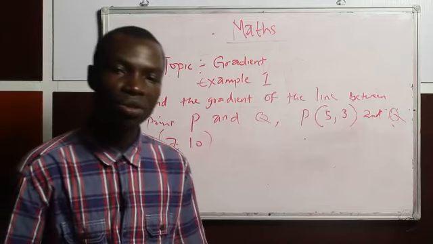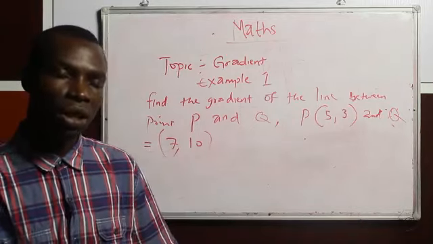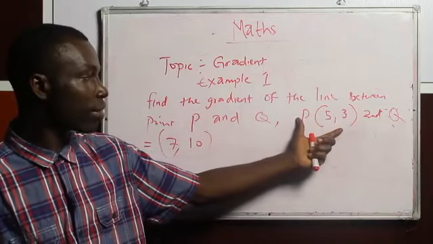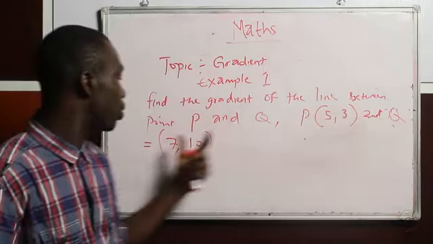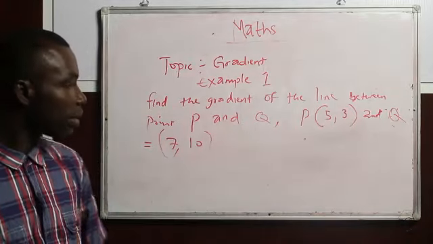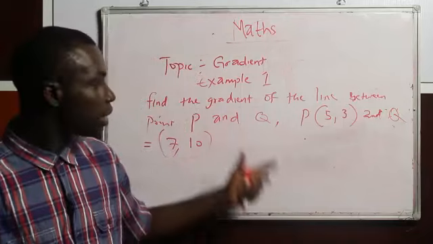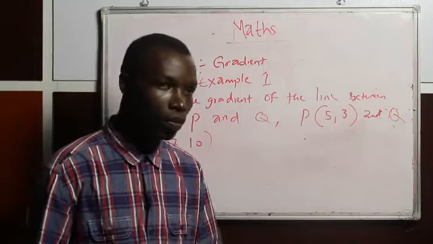Now, from this question, it's telling us that this is a point P on a straight line graph, this is another point Q on a straight line graph, and they ask us to find the gradient of the line that lies between P and Q.